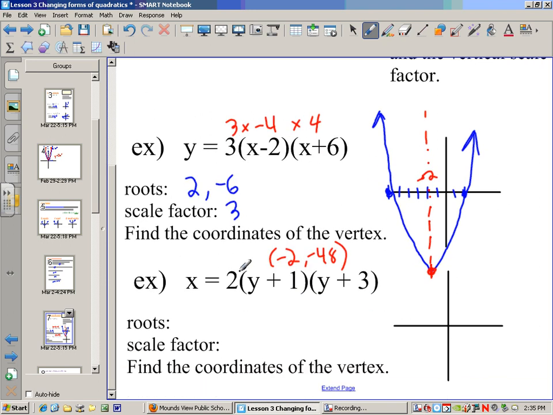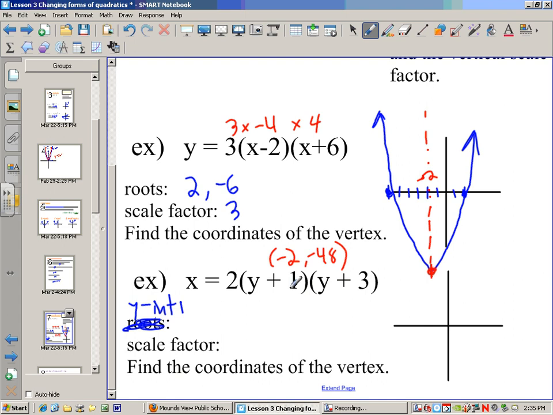All right. Now, if I have x is equal to 2(y plus 1)(y plus 3). Now, roots would be a bad term. Usually, with roots, we just talk about hitting the x-axis. So what we should call these is our y-intercepts.